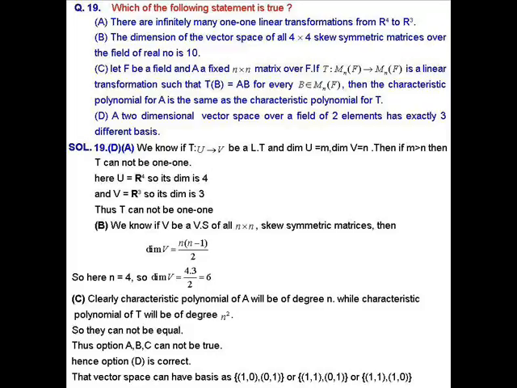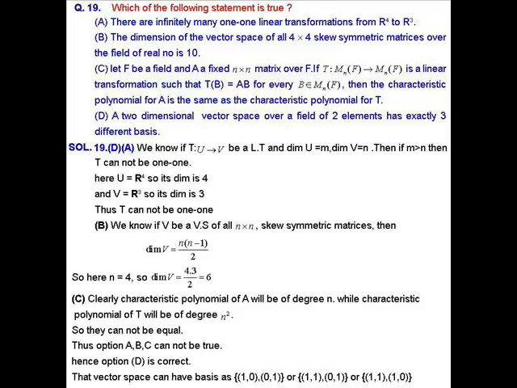Now option B. In option B we have: the dimension of the vector space of all 4 cross 4 skew symmetric matrices over the field of real numbers is 10. But we know that if V is the vector space of all n cross n skew symmetric matrices over the field R, then its dimension is equal to n times n minus 1 divided by 2, and here n equal to 4.